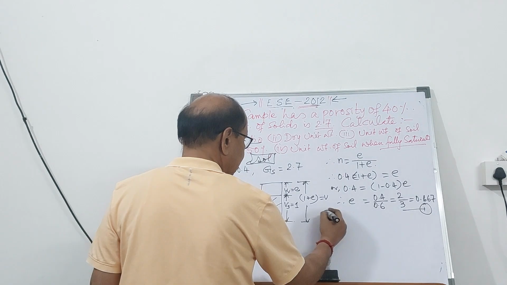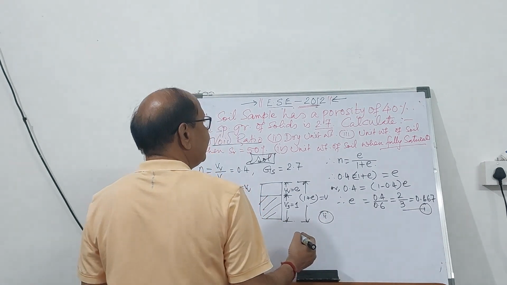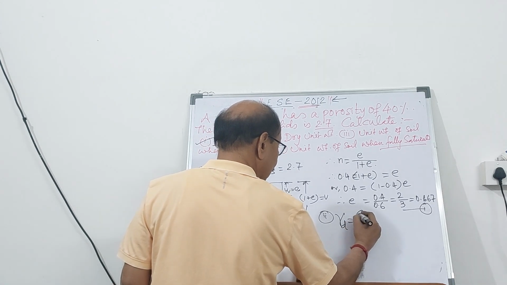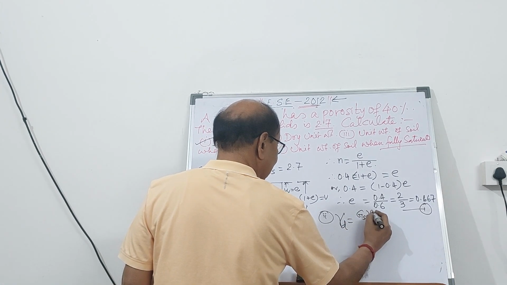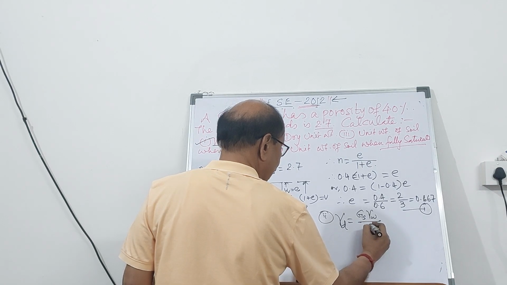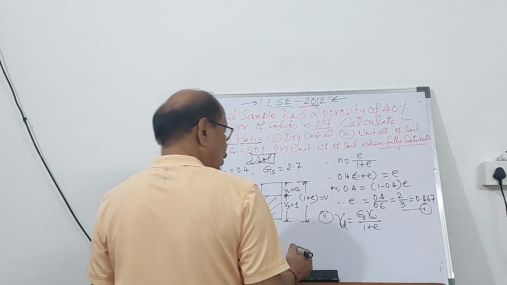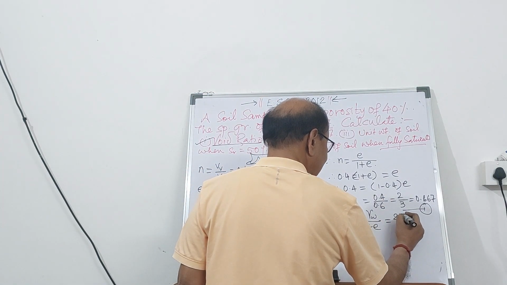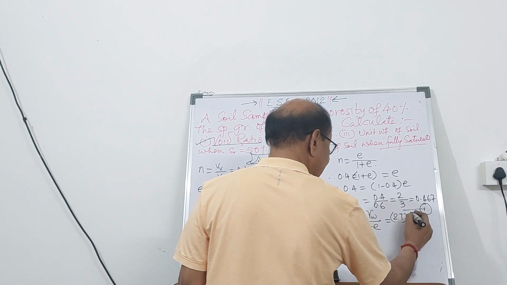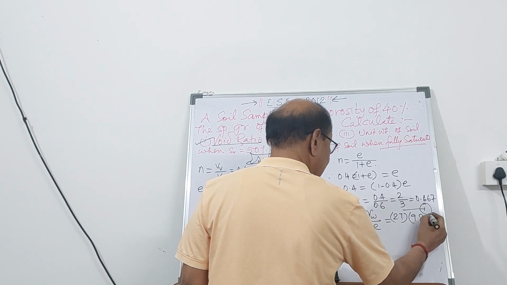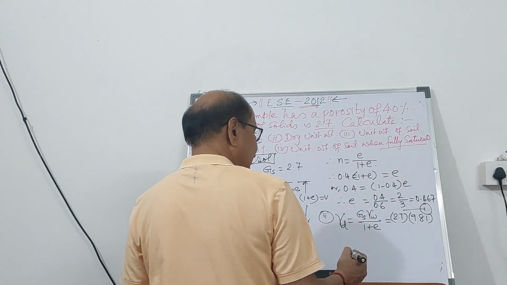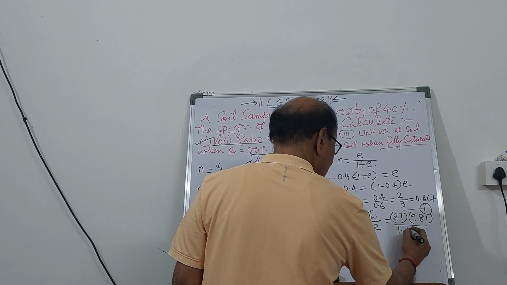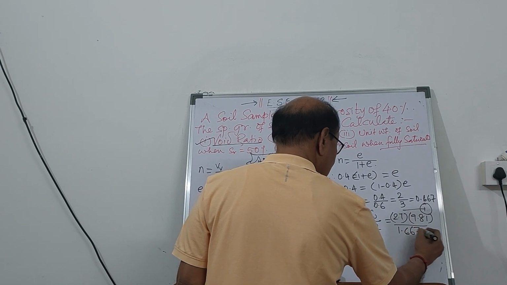The second part is going to be dry unit weight, that is gamma D. Gamma D equal to G gamma W upon 1 plus E. So you can easily calculate this. 2.7 is the specific gravity, 9.81 is kilonewton per cubic meter, divided by 1 plus E, with E you have just now found out.